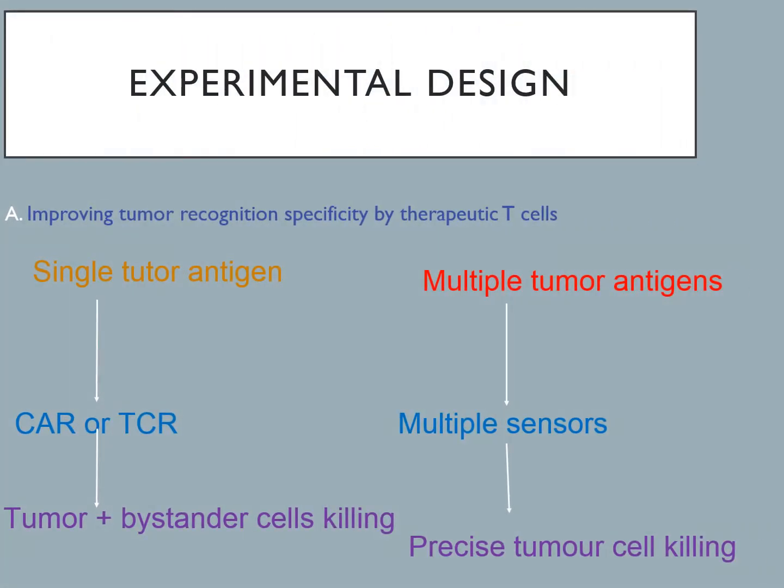So this hypothesis led to the aim of this research. In this paper, these scientists showed that it is possible to construct combinatorial antigen recognition T cell circuits in which a synNotch receptor for one antigen drives the expression of a chimeric antigen receptor, CAR, for a second antigen.